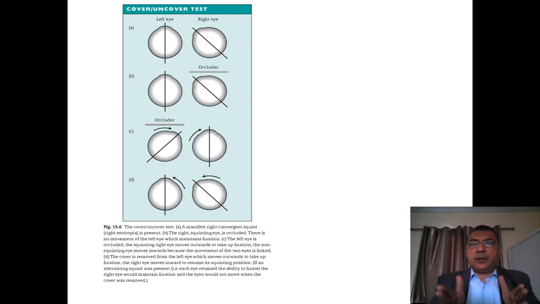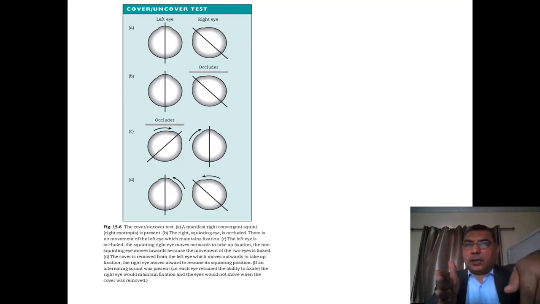Sometimes the parents complain about strabismus, but when you examine the child the first time, you will find the eyes are straight, because the type of strabismus in this child is intermittent, as we said in the types of strabismus. So if you cover one eye, you are going to interrupt the single binocular vision. If this child has a tendency for deviation, or phoria, or latent strabismus, this eye will deviate under the cover.